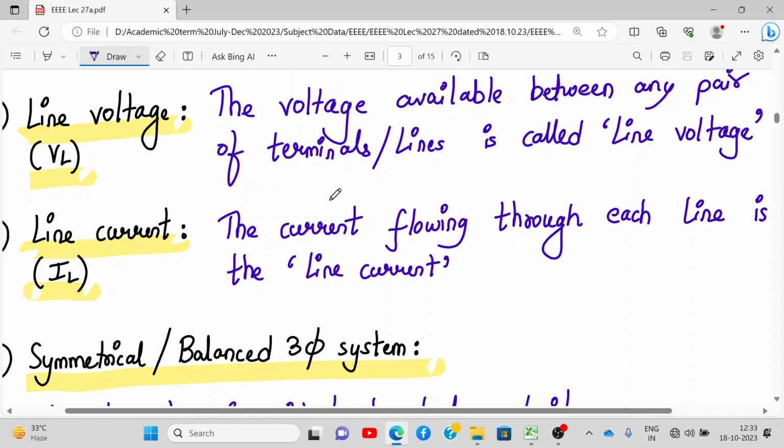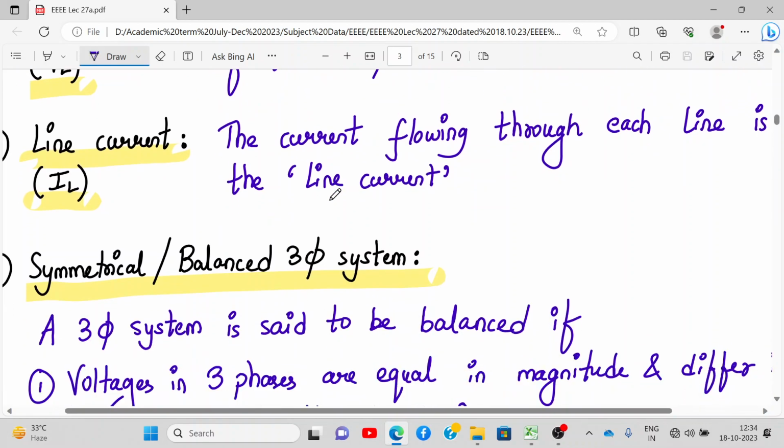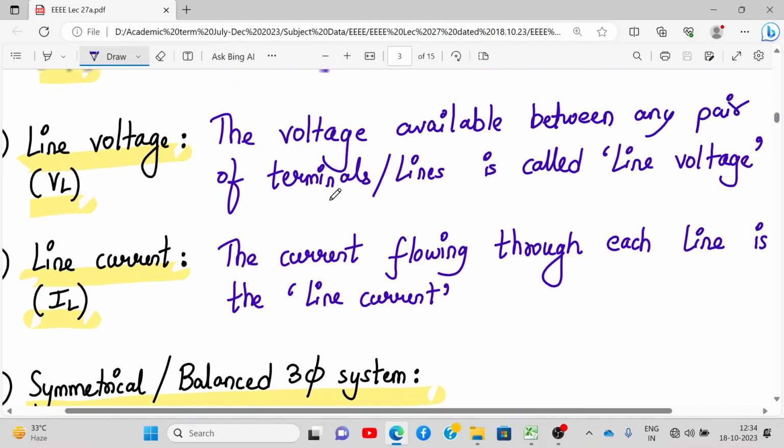Completed? All the terminology: phase sequence, phase voltage, phase current, line voltage, line current. These are the only things which are of interest in the case of a three-phase system. Can we start?